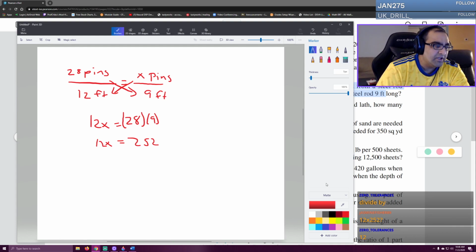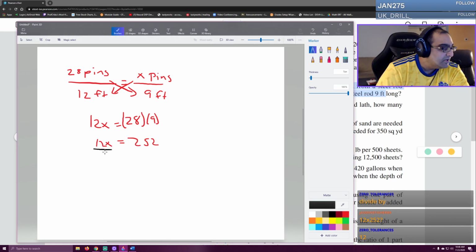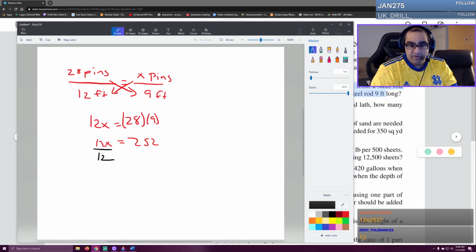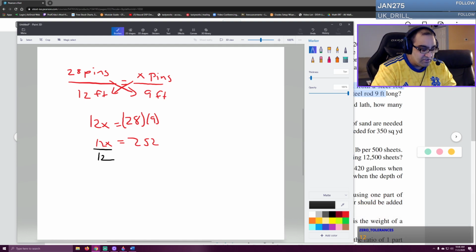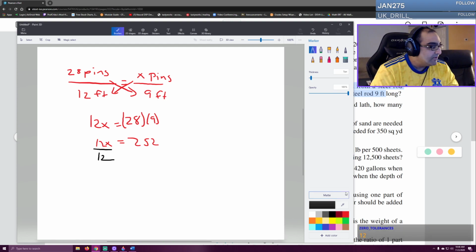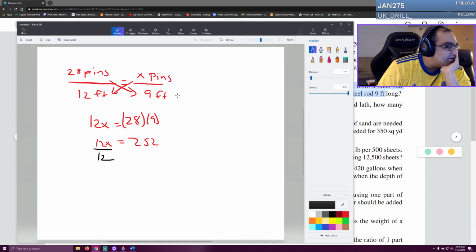If you're going to understand how algebra works, that word is always balance. Everything is always a balance in algebra. Meaning to say, if I divide by 12 here, then I have to divide by 12 right here as well.